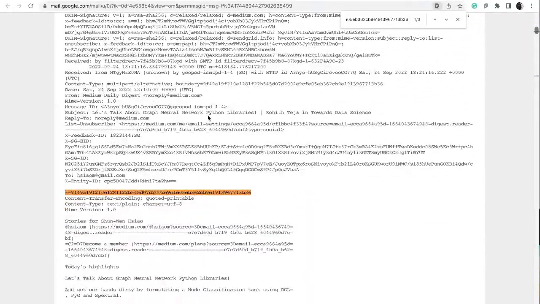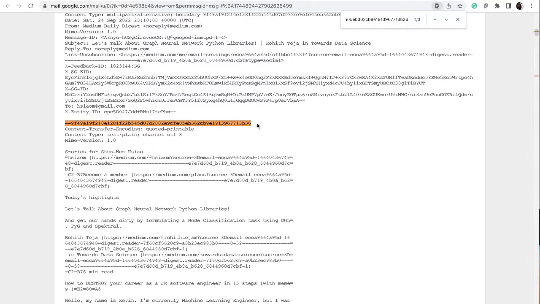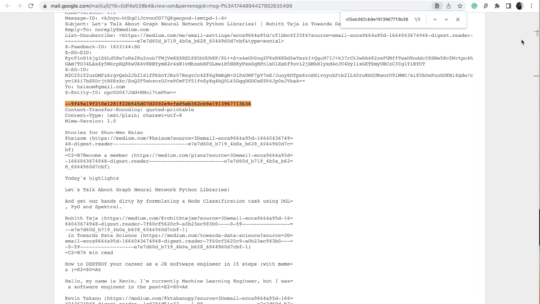And you can see that there's a very specific, we say, delimiter right here. It specifies that there are several different parts in this email.